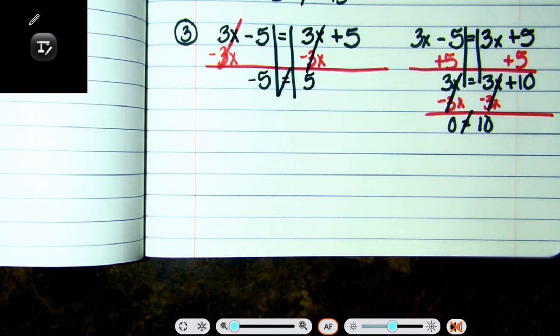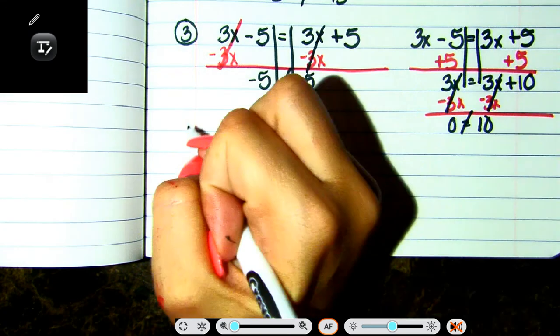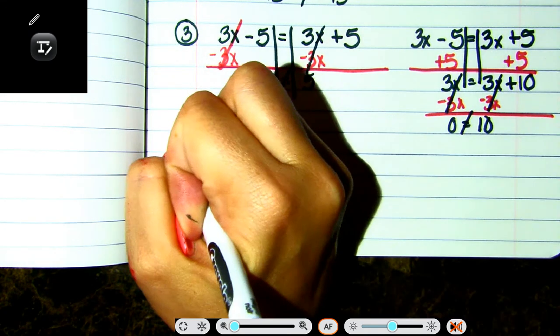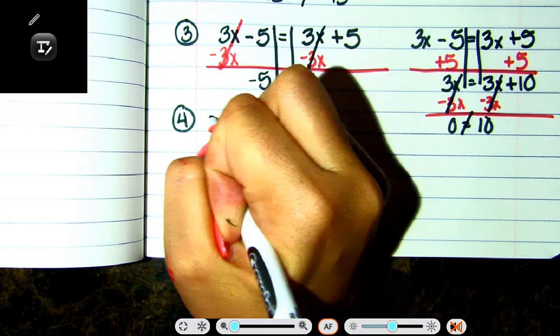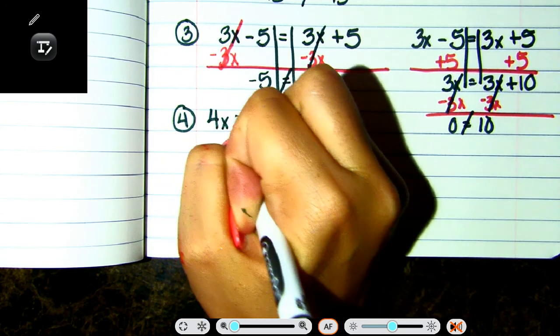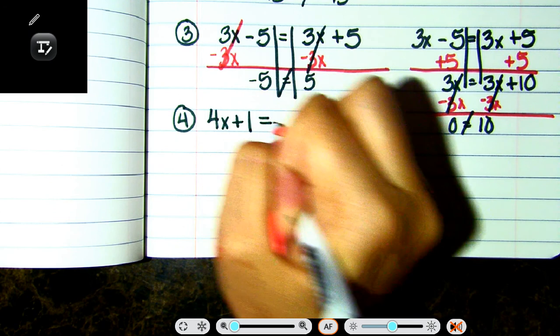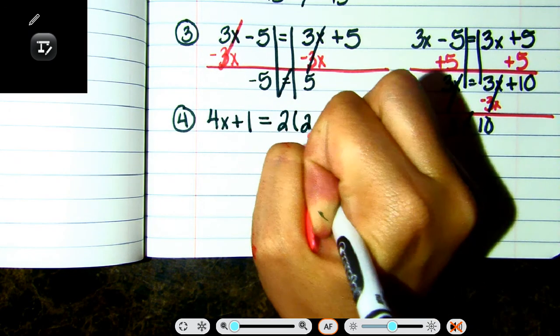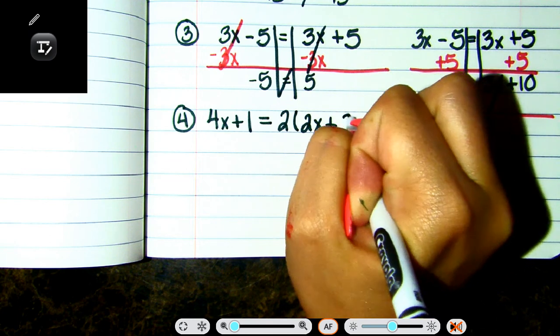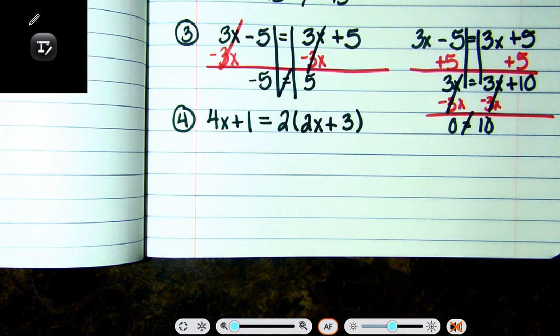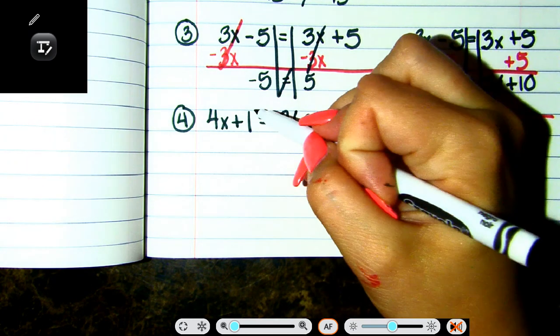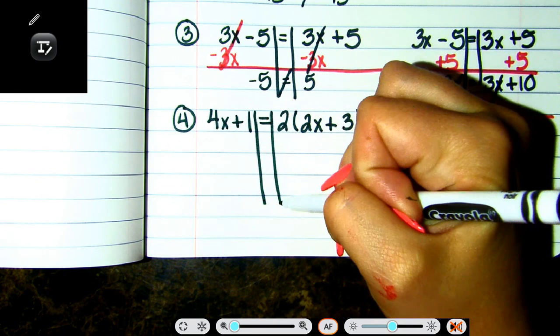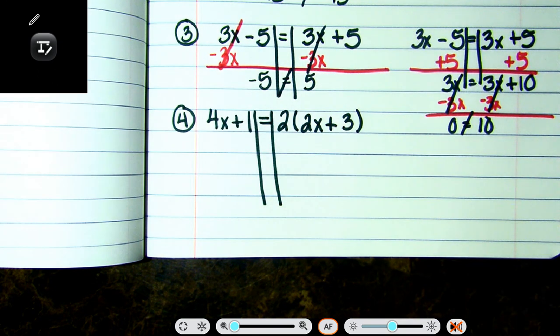Okay, last one, y'all. Number 4. 4x plus 1 is equal to 2 times 2x plus 3. Okay, so this one may be not as easily recognized as a no solution, but let's try it.